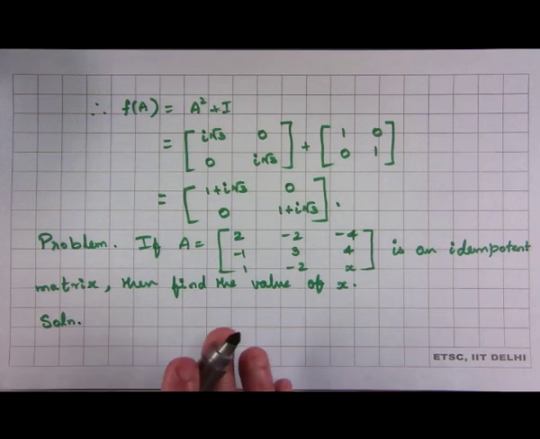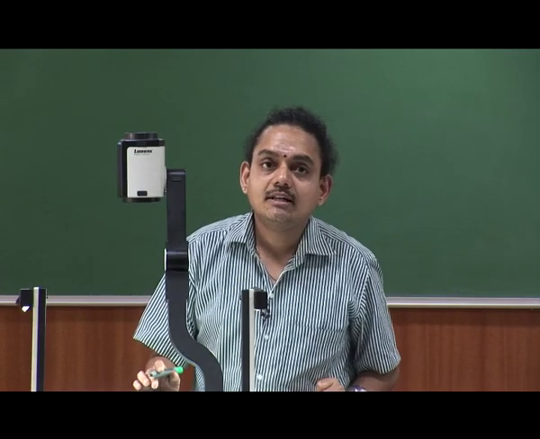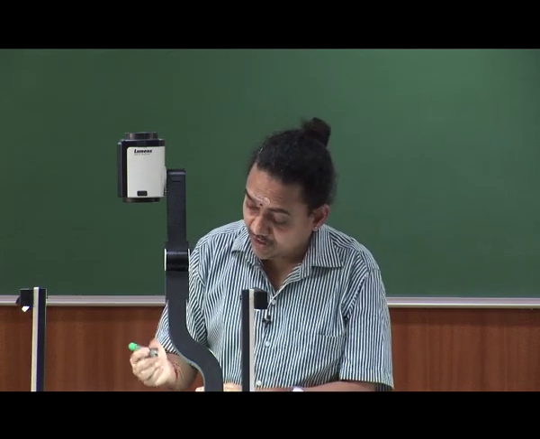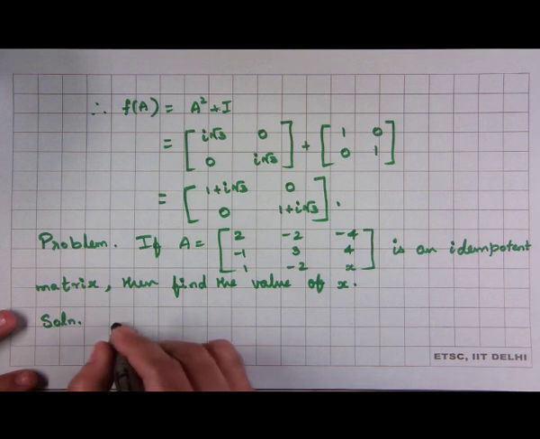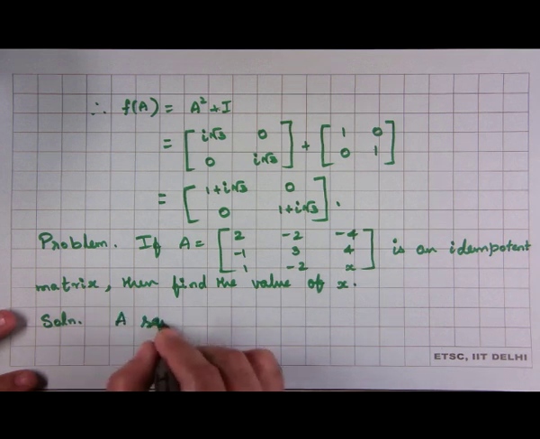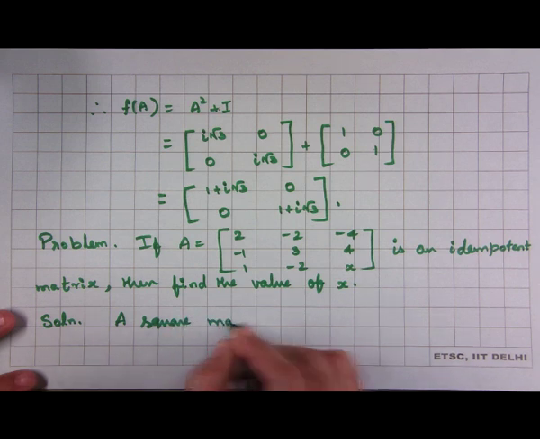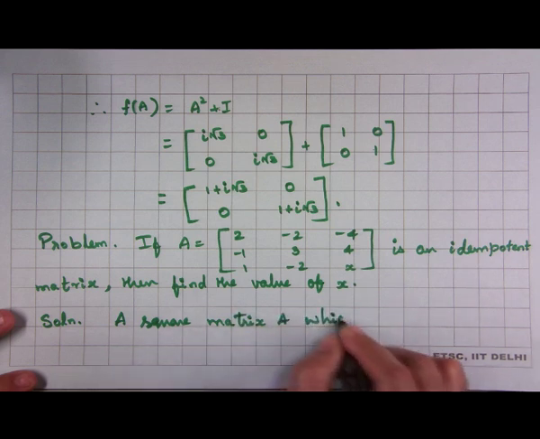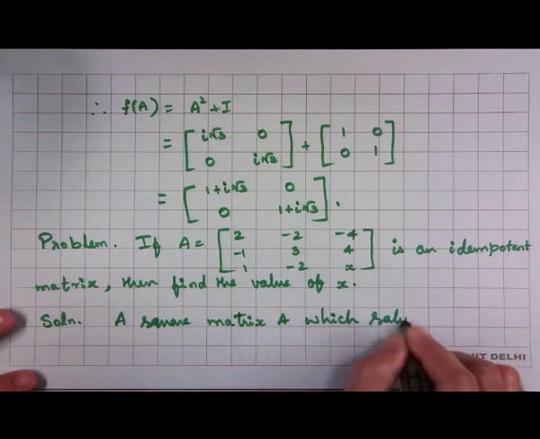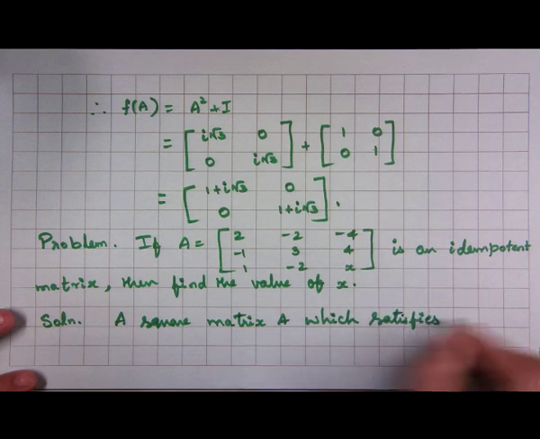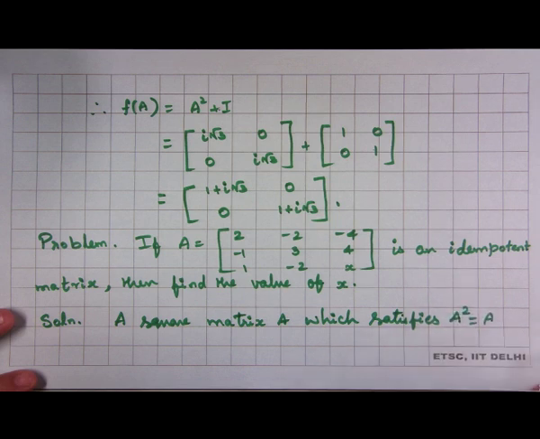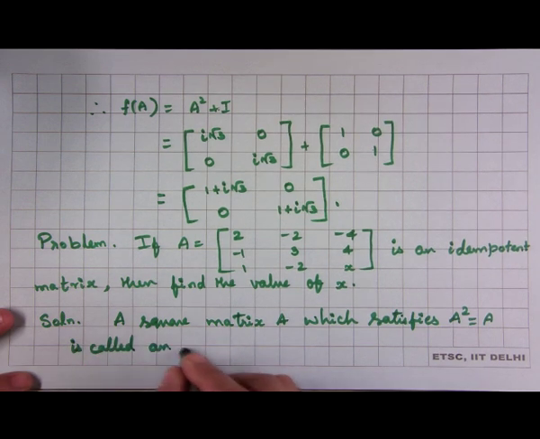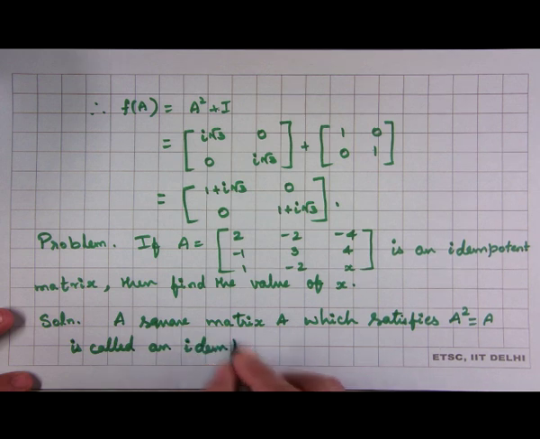What is an idempotent matrix? A matrix A such that A square equal to A is called an idempotent matrix, or whenever you have a square matrix A which satisfies A square equal to A is called an idempotent matrix.